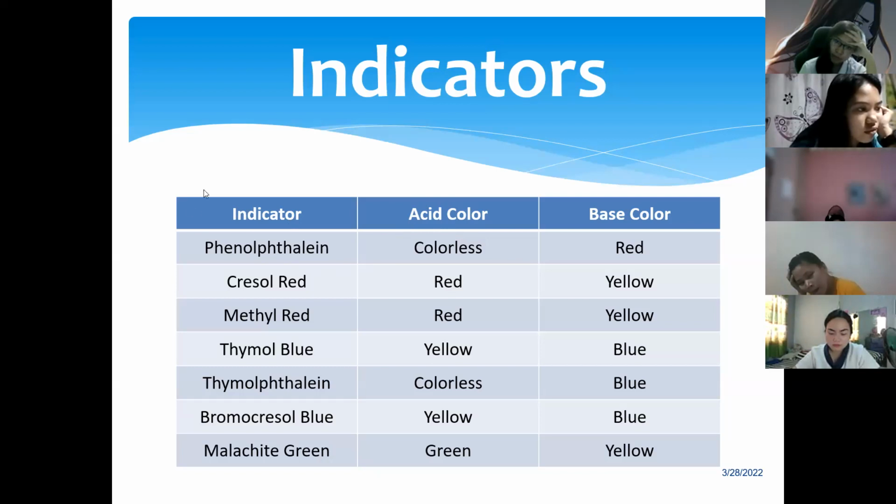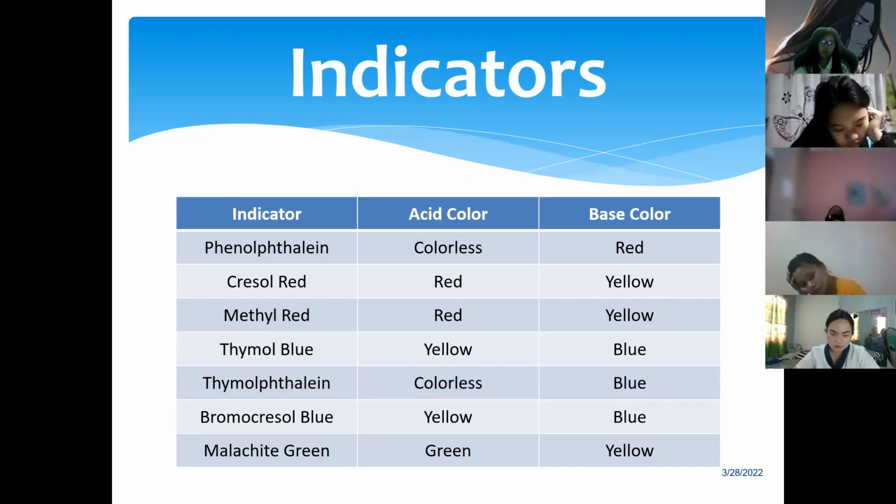But if you place phenolphthalein in a basic environment, just like when you place it in sodium hydroxide, when you mix it in sodium hydroxide, you will get a red or pink color. So that is the use of the indicators. Somehow they can also identify the acidity or basicity of a solution, depending on the color they produce.